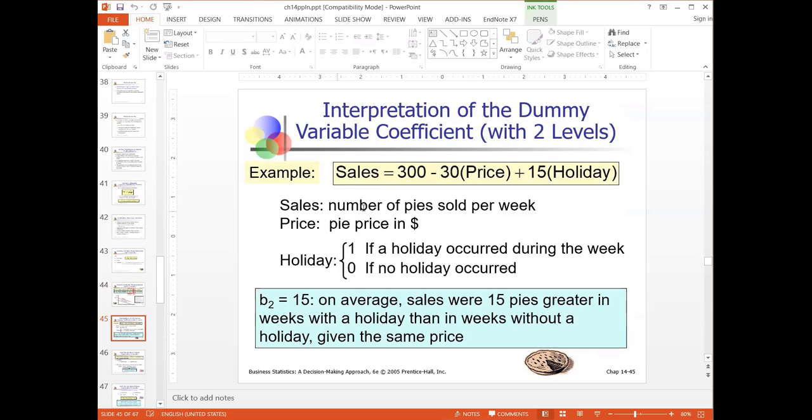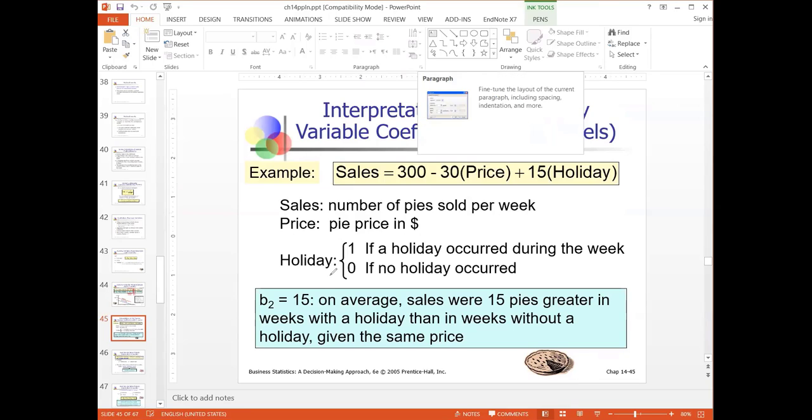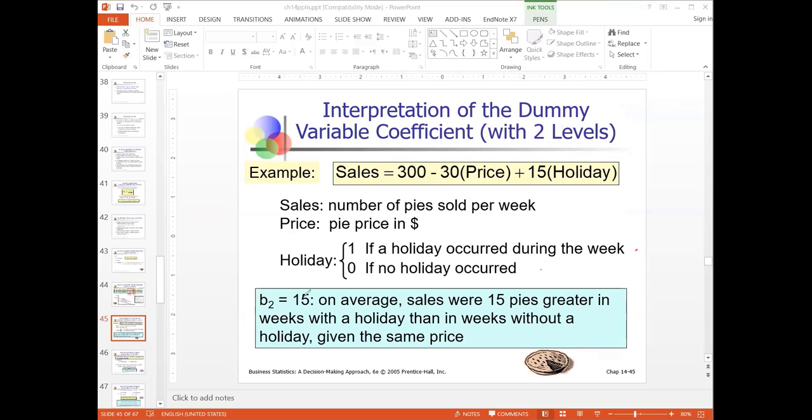Sales is the number of pies sold per week, and price is in terms of dollars. Holiday is 1 for a holiday week and 0 for a no holiday week. So b2 is 15. Its interpretation is: on average, sales were 15 pies greater in the weeks with a holiday than the weeks without a holiday, given the same price.